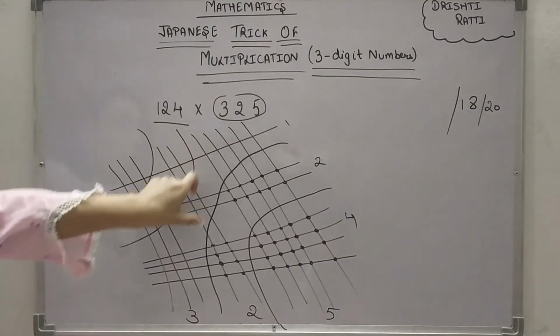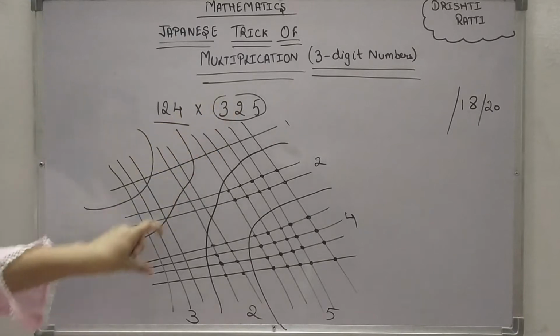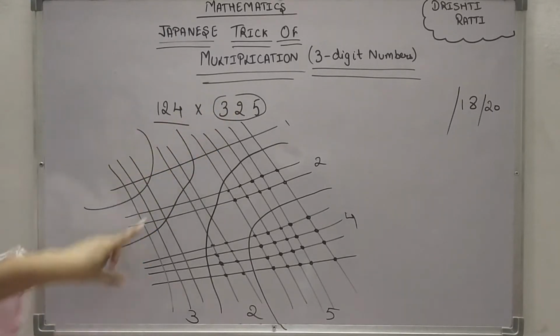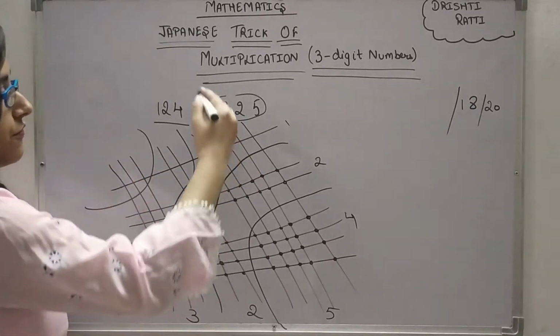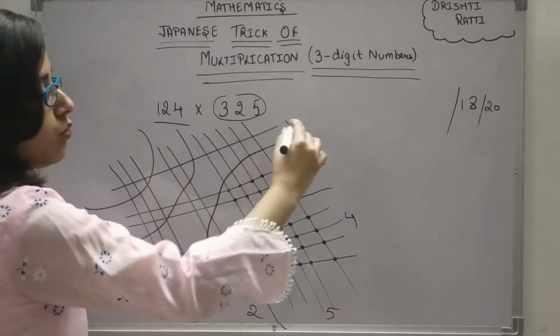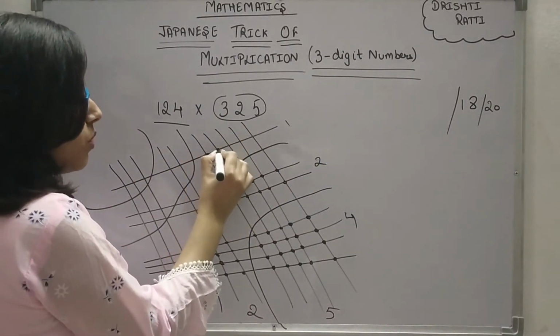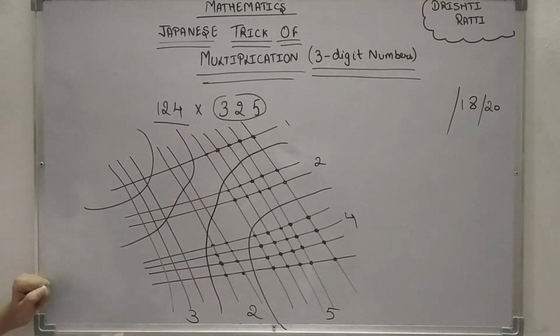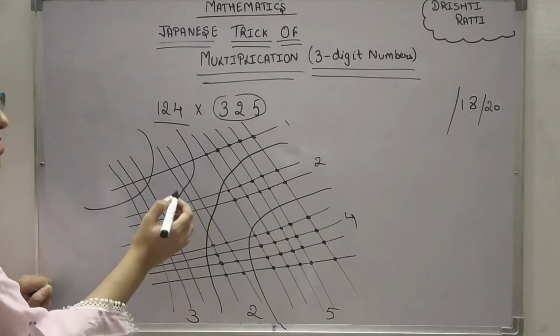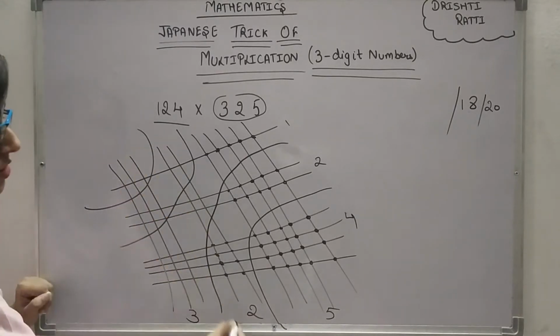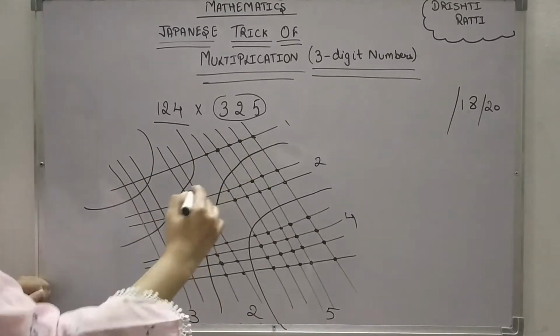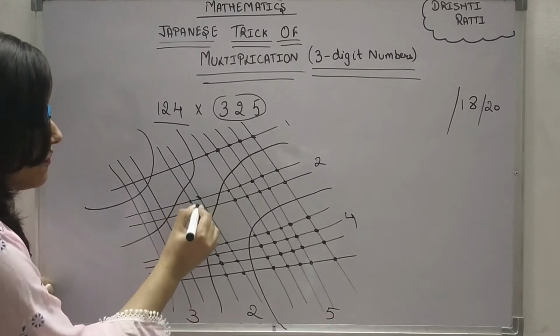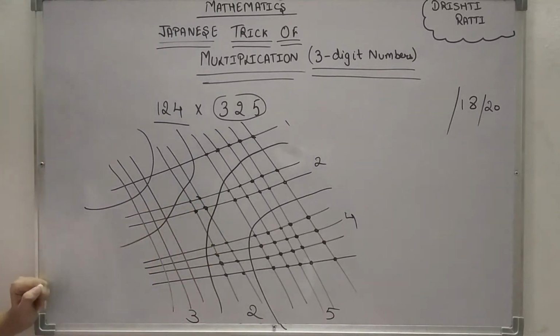Then coming to all this portion, count the intersecting points, add and write it over there. So it is like 5 lines this way and 1. That means 5 into 1 is 5. You can count also, you will get 5 this way. Then coming to this portion, you can see 2 lines this way, 2 lines this way. That means it is 4. 2 into 2 is 4.